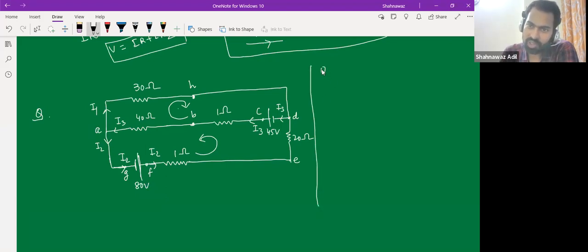So the question is that you have A, and you are going in this direction. So A, H, D, C, B. So you have 2 loops, right? One is A, H, and D, C, B, A. And the other one is what?